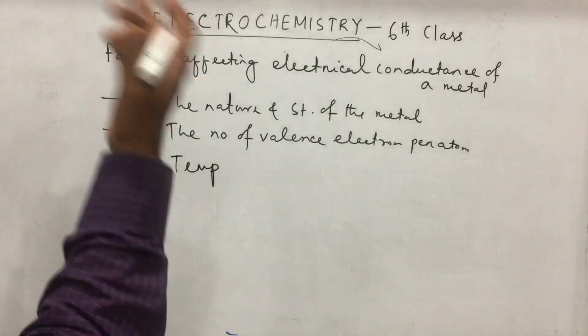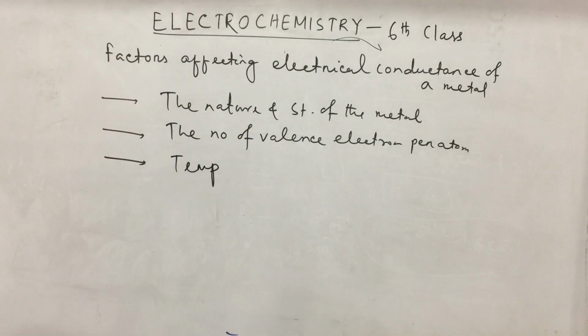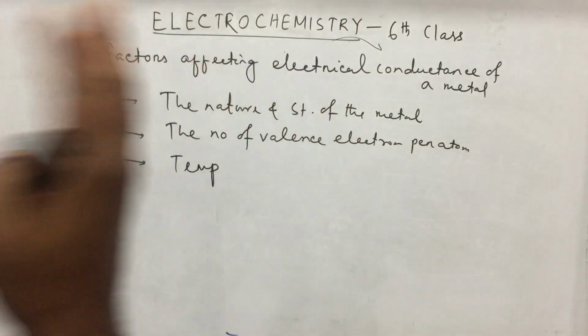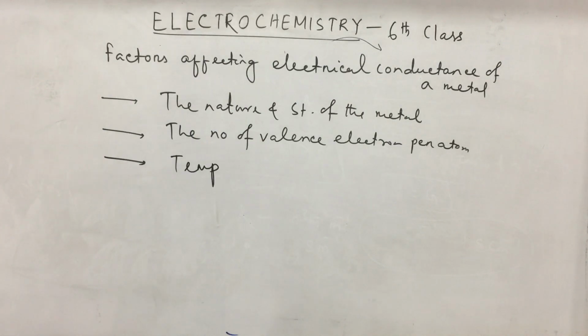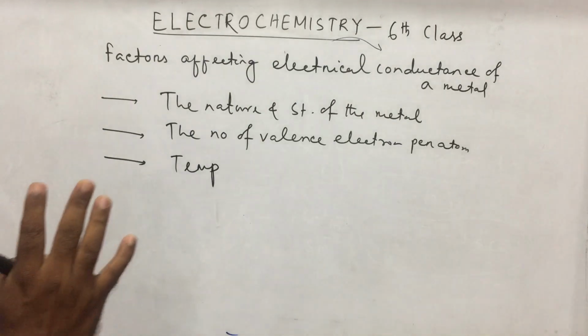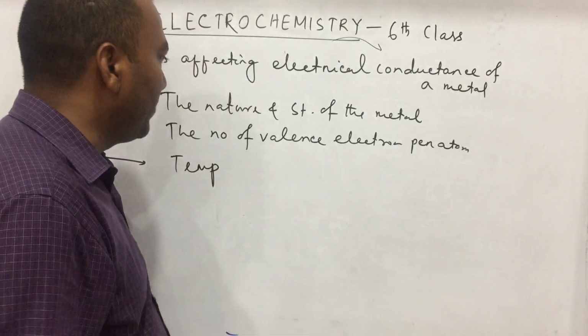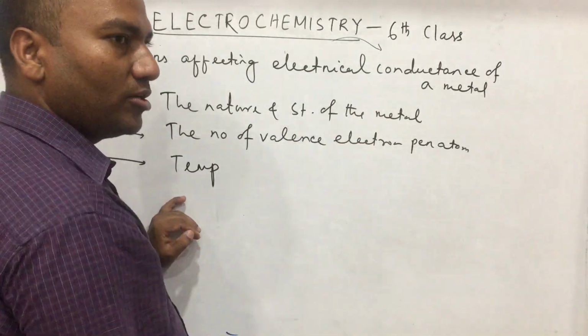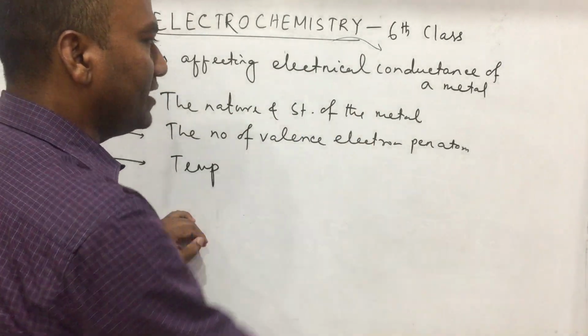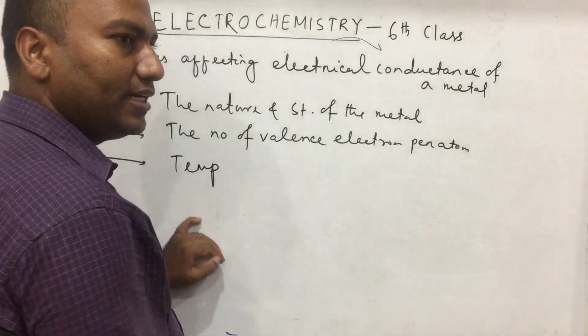And you know, when temperature increases, resistance increases and conductance decreases. Clear? So for a metal, these are the three factors: nature and structure of the metal, number of valence electrons per atom, and temperature.